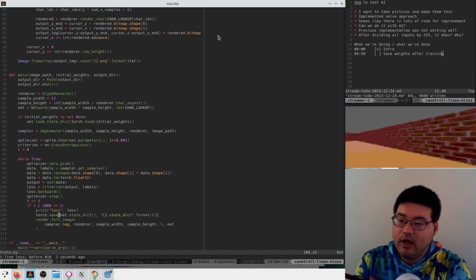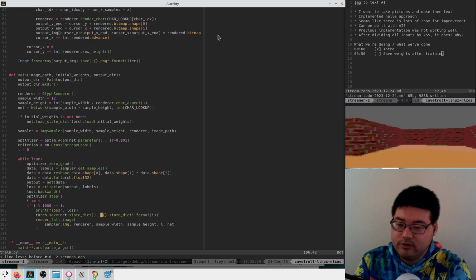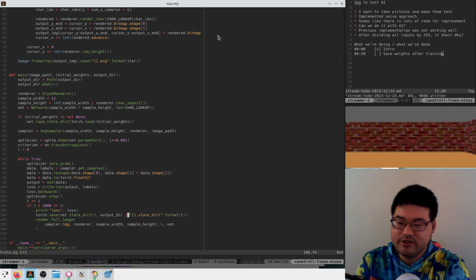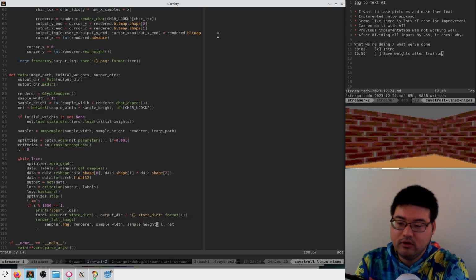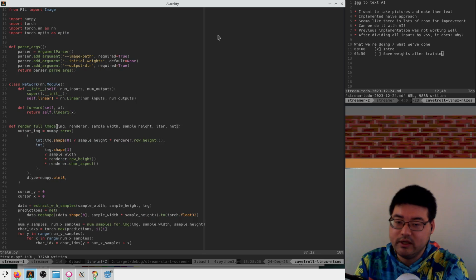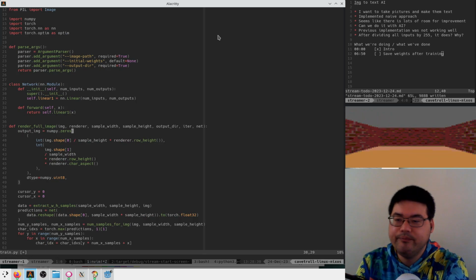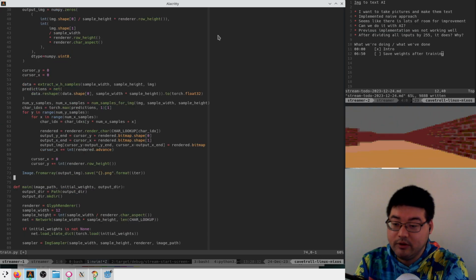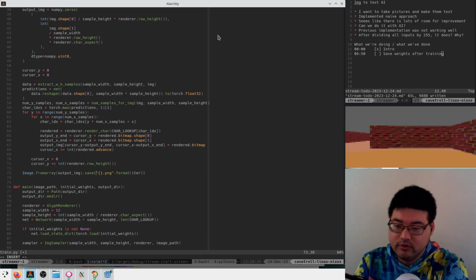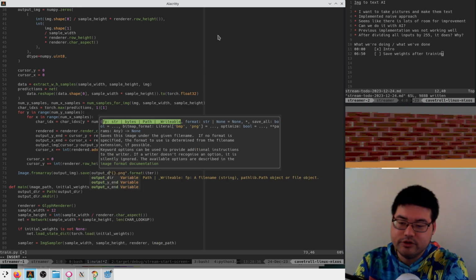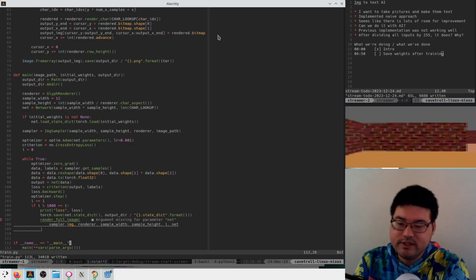And okay, so now anywhere where we would use this, we would just say output dir / this, and here we take in the iter, and here we should also take in the output dir. And when we save it, we save to output dir / this. Easy.